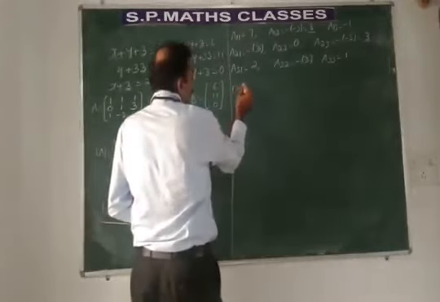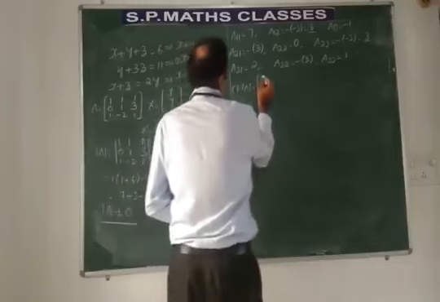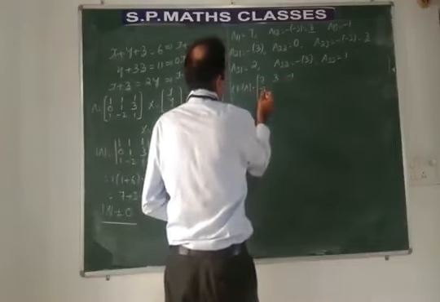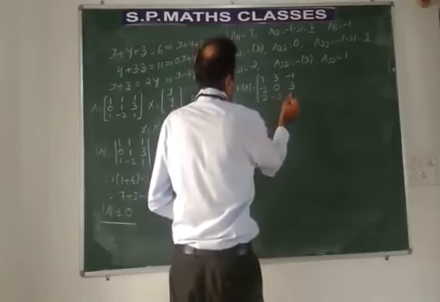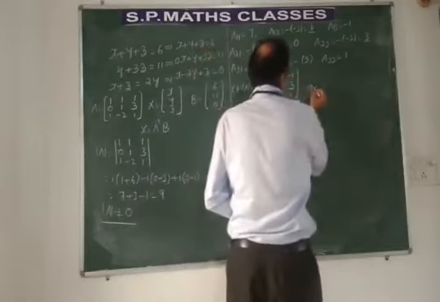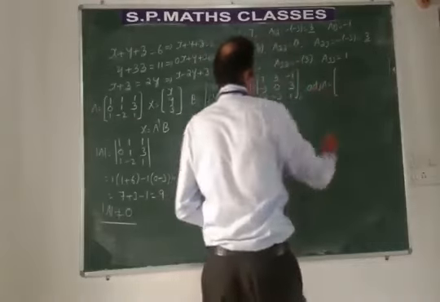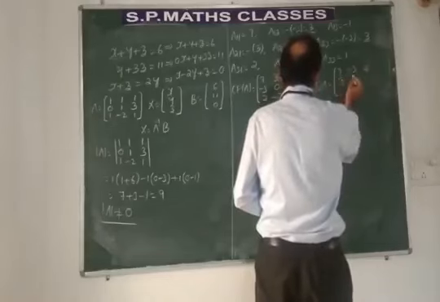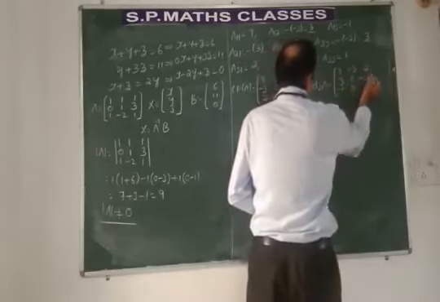So I take up cofactor of matrix A, write it in order: 7, 3, minus 1, minus 3, 0, 3, 2, minus 3, 1. What is the adjoint of the matrix A now? Adjoint: 7, minus 3, 2, 3, 0, minus 3, minus 1, 3, 1.